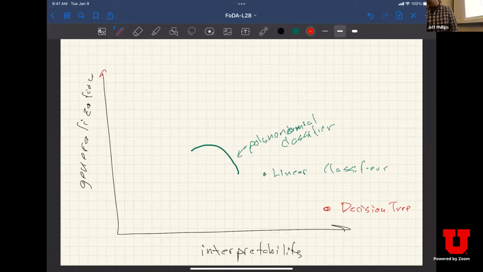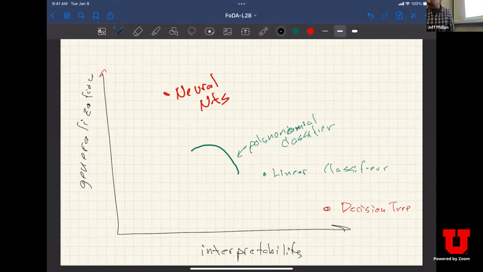Okay, there are things like, and we're going to talk about, neural nets, which are going to be high generalization. They tend to do well on new data if you have enough data and so forth, but they're less interpretable, especially if they're more complicated.